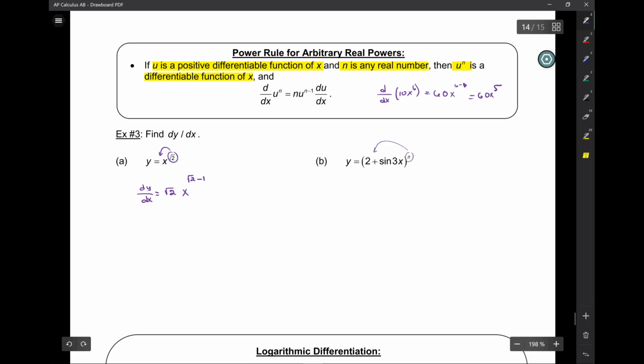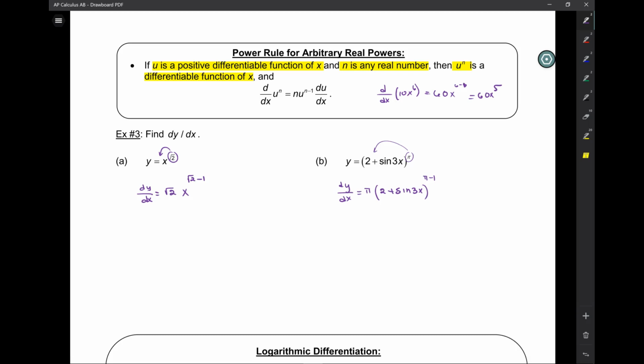Now, this is a chain rule function, right? I mean, it's one where there is a chain rule. So dy dx is pi times 2 plus sine 3x to the power of how much? Pi minus 1. Again, it's not 2.14.